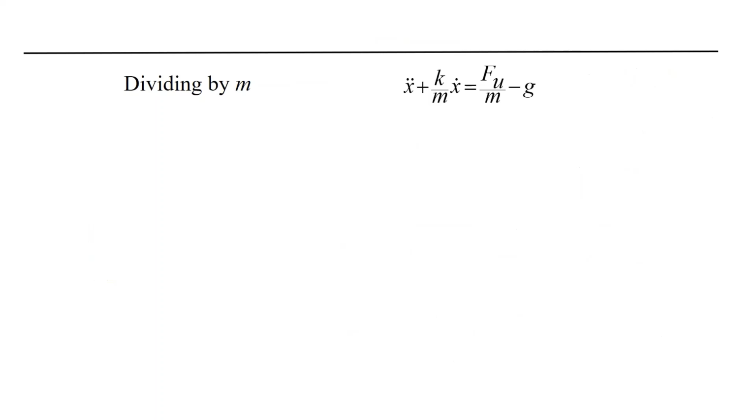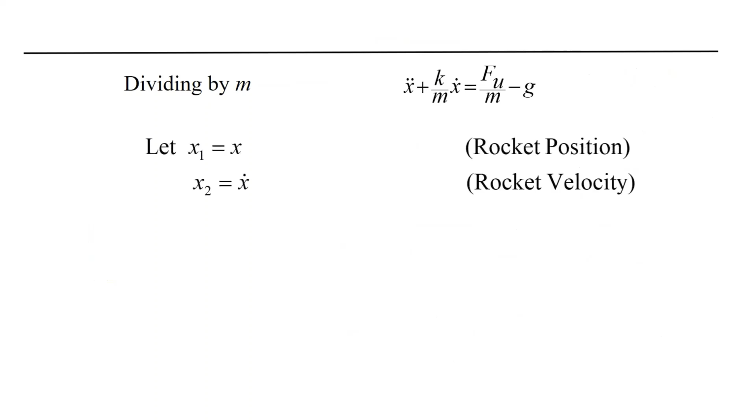Now, let me assume the first state variable, x1 equal to x, which is the rocket position. So the state variable has a physical meaning. In the circuit, if you remember, we considered either the voltage across the capacitor or the current through an inductor. Here, the first state variable will be the position and the second will be the velocity.